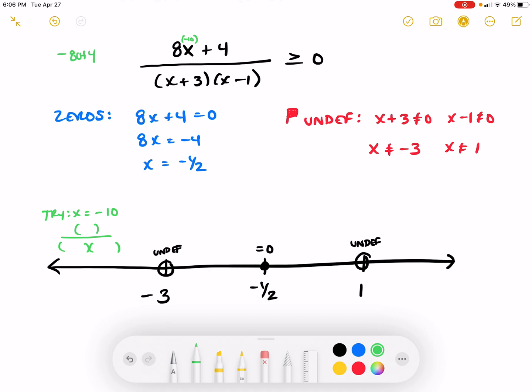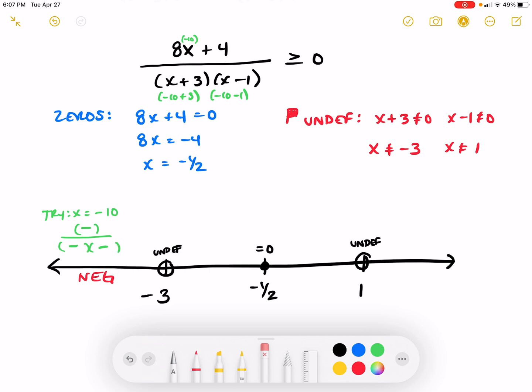That's enough for me to know that this is going to be a negative. When I plug in negative 10 plus 3, it's a negative. And negative 10 minus 1 is a negative. So what do we get if we take a negative divided by 2 negatives? Well, if there's an odd number of negatives, the result is going to be negative.